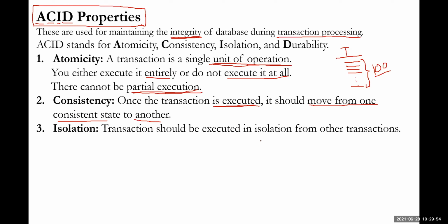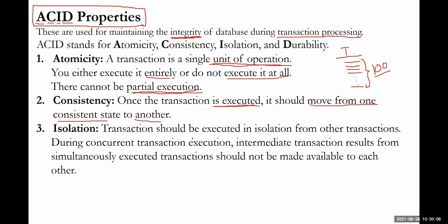The dictionary meaning of isolation is alone. It alone gets executed, and no interleavings are taken into consideration. During the concurrent execution, intermediate results from simultaneously executing transactions should not be exposed. That is what isolation means.